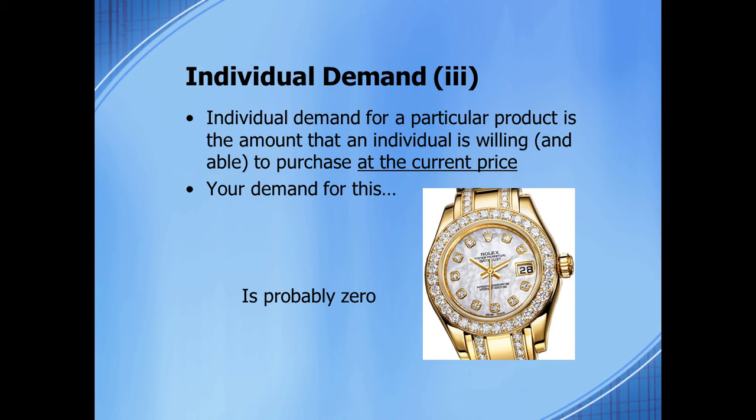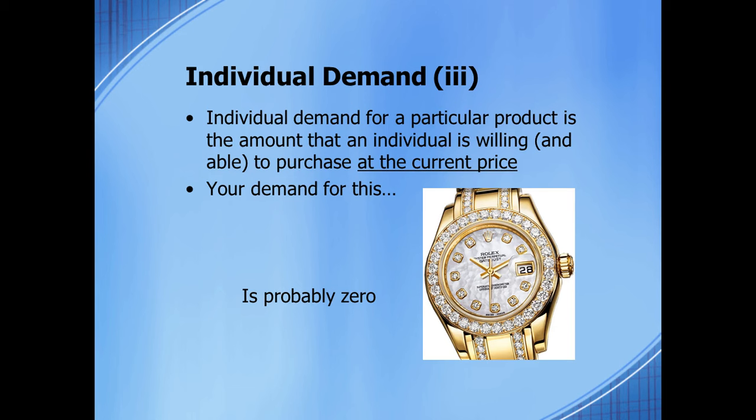So if we were to think about a demand schedule, looking at different quantities demanded at a range of prices, we could actually combine the individuals' demand to give us a picture for the overall market. So I've created this table here, and we can see how different people respond at different prices.